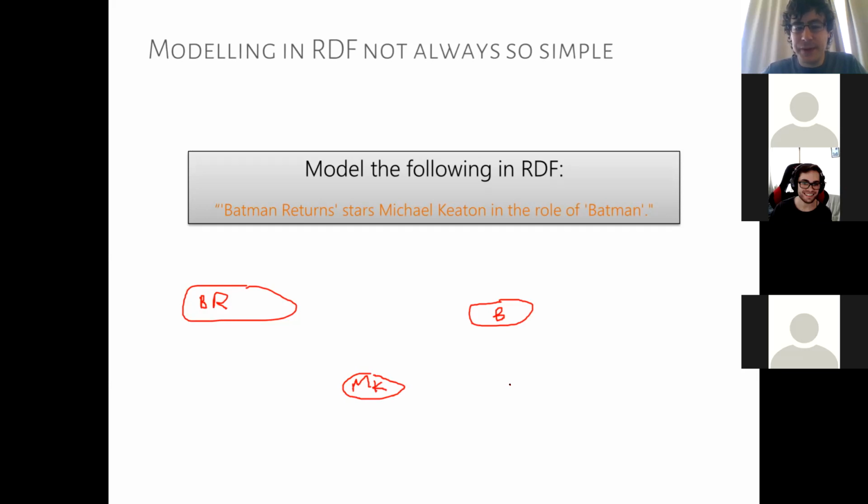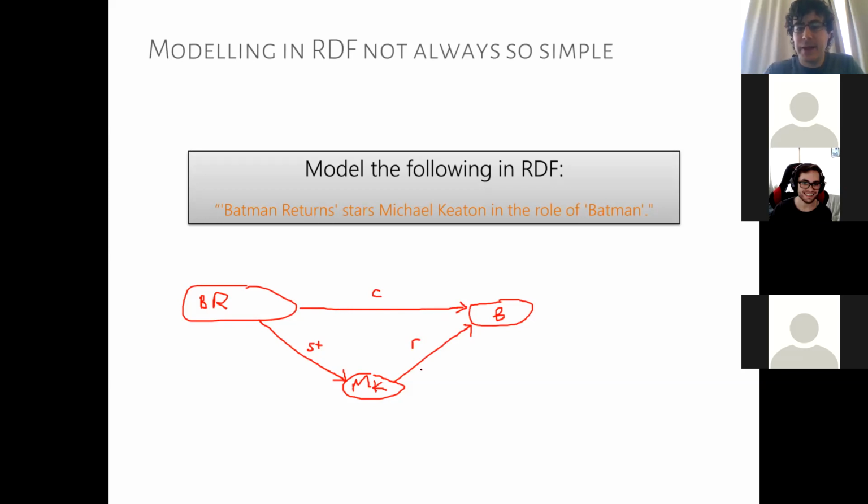Okay, so we could connect things as we did before, right? So we could say that Batman Returns stars Michael Keaton, and somehow maybe connect Michael Keaton to Batman and say role, or maybe we could connect Batman Returns to Batman and say something like character as well.